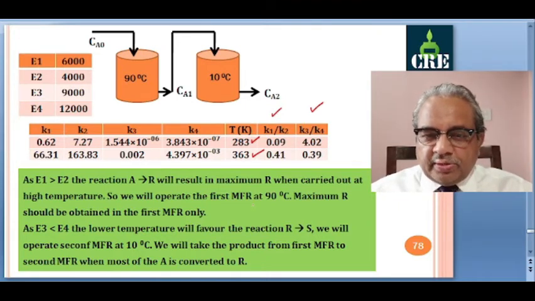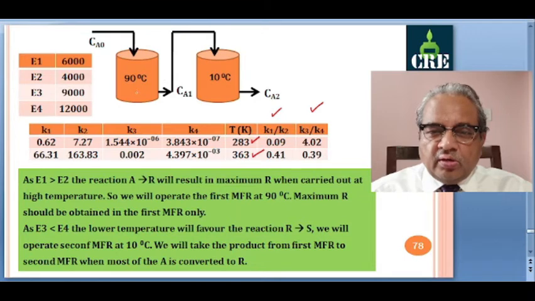So we have a set of two mixed flow reactors. The first mixed flow reactor will operate at higher temperature, and we have a limit from 10 to 90, so we'll prefer to operate at the highest, that is 90 degrees Celsius. So Ca0 is entering, Ca1 will leave, and here Ca2 is leaving.